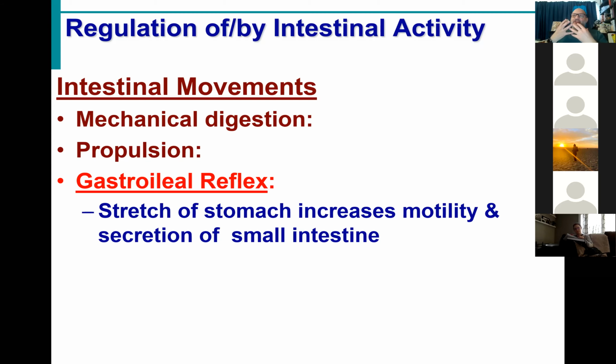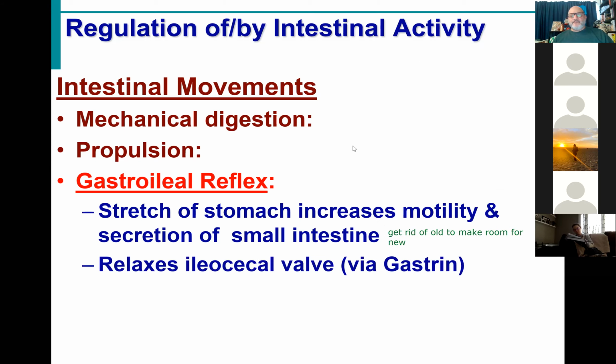When you have that cheeseburger, it stretches the stomach, and that again increases motility and secretions in the small intestine, because again, we need to get rid of the old to make room for new. So we have that gastroileal reflex that helps in that.